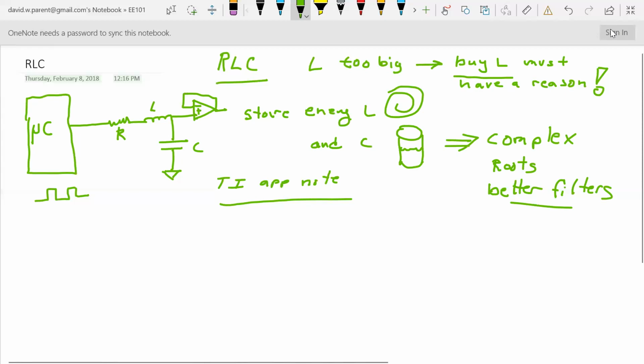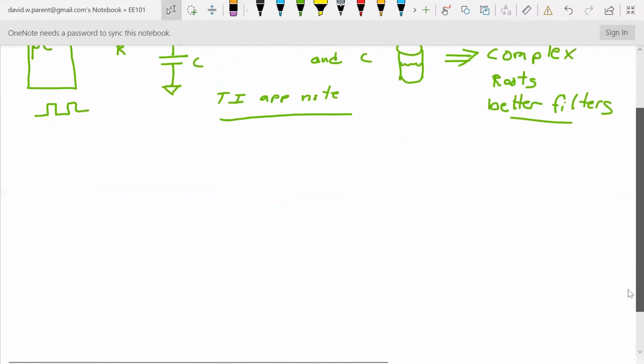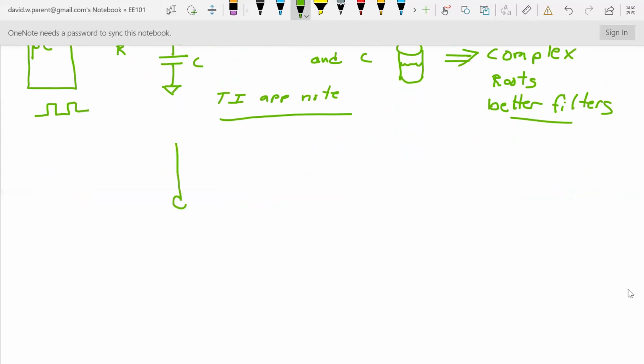Now, there's other things that are important too with RLC. And it has to do with that kind of energy storage. All right. So, if we have a mass and this is so long, right? And is it swinging back and forth, right?